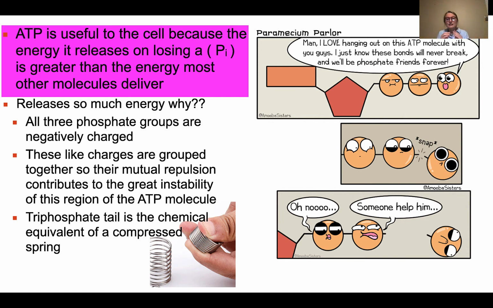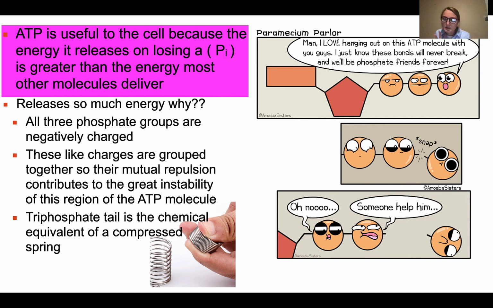And whenever that spring is let go, that 3rd phosphate group is lost, there is a release of energy. Now, there's a funny little comic here where our 3 phosphate groups are talking about how they love hanging out on this ATP molecule and that the bonds will never break and they'll be phosphate friends forever. That's really cute, but we have to remember here that our phosphate groups are negatively charged, so there is a repulsion.